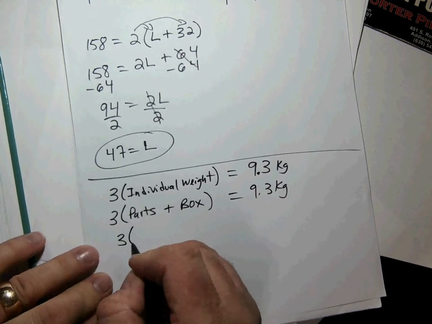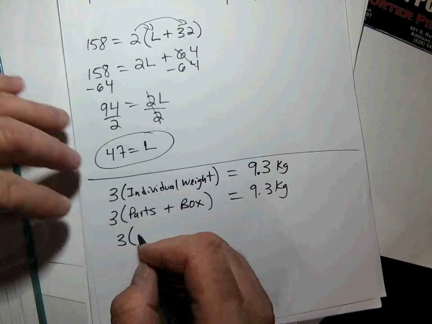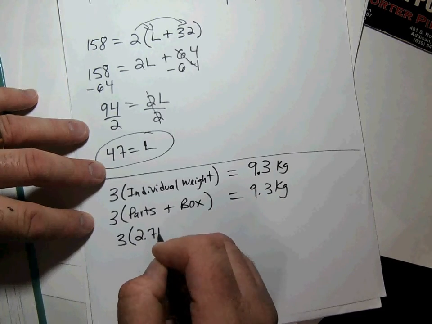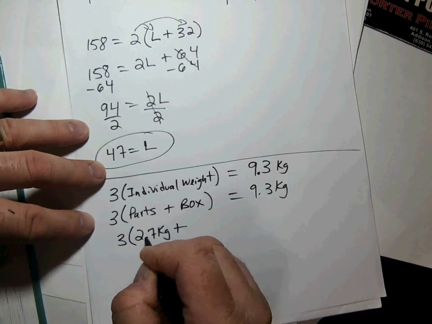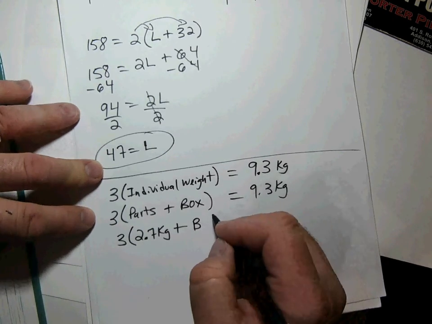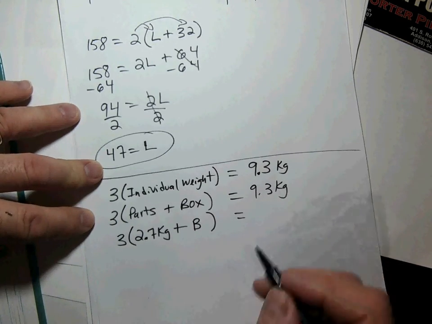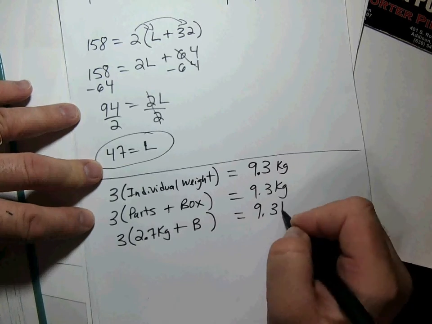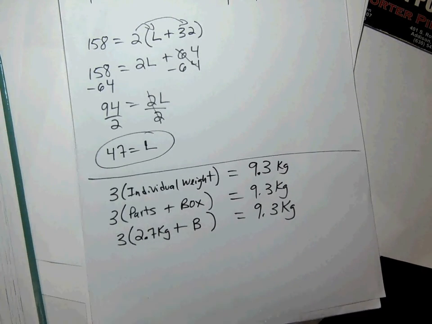Well, how much does the part weigh? That much we were told, 2.7 kilograms. The box is the unknown, so let's be fancy and use the letter B for box. The book probably uses X, right? But we'll be cool and use a B. 2.7 kilograms plus B, times 3, equals 9.3.